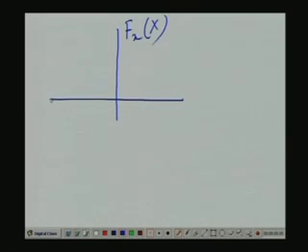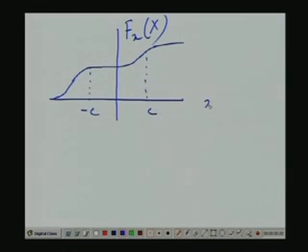Something like this. This is given. You have to find out the probability distribution function of y.